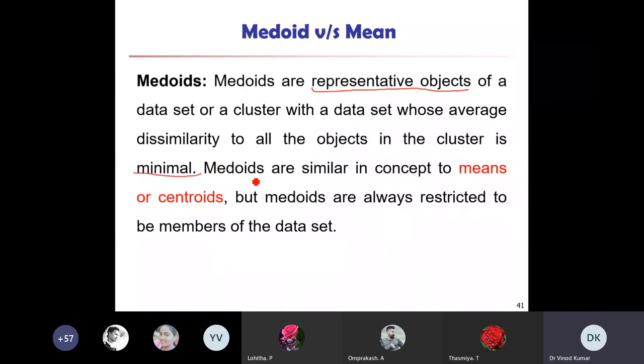You have to remember this. Medoids are similar in concept to the means or centroid, but the difference lies here: medoids are always restricted to be a member of that data set. This is the main difference.